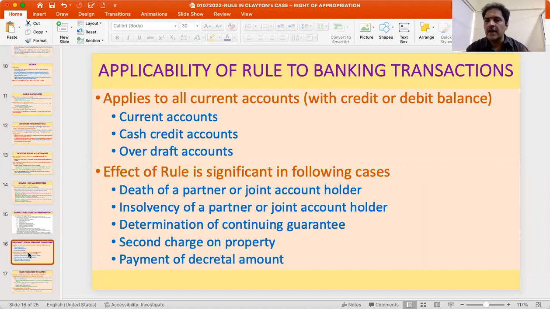Then where there is a charge on a property created and subsequently a second loan is taken against the same property, a second charge will be created. So what will be the impact of making payments in respect of loans where there is a second charge created? Then what is the mechanism in case of payment of decretal amount?